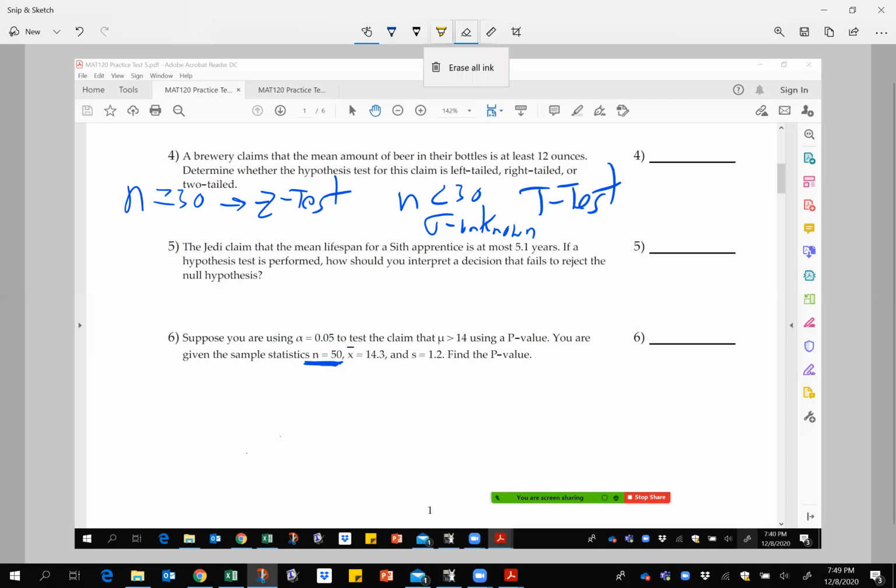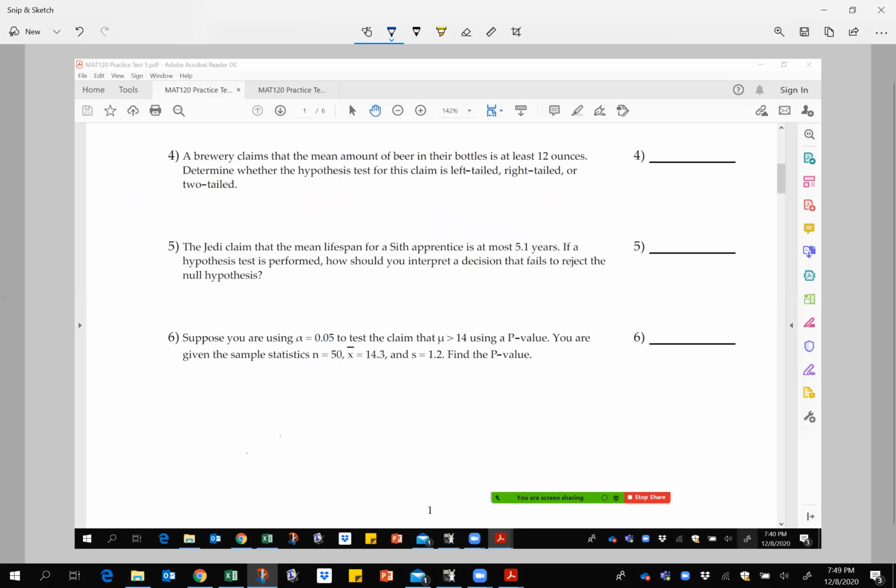First thing, we're not doing the full hypothesis test for this. They only ask us to do the p-value, but let's start to get into some good habits here. Again, at the very beginning, we should at least state our hypotheses. So we want H0 and HA. We're trying to test the claim that the mean is greater than 14. Greater than 14 would be an alternative hypothesis.